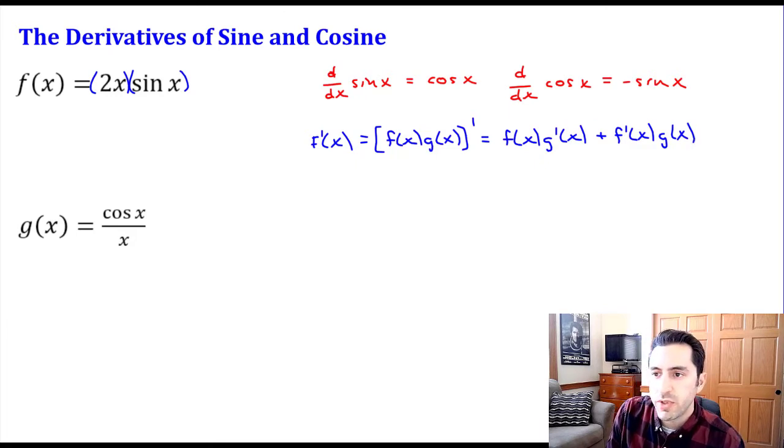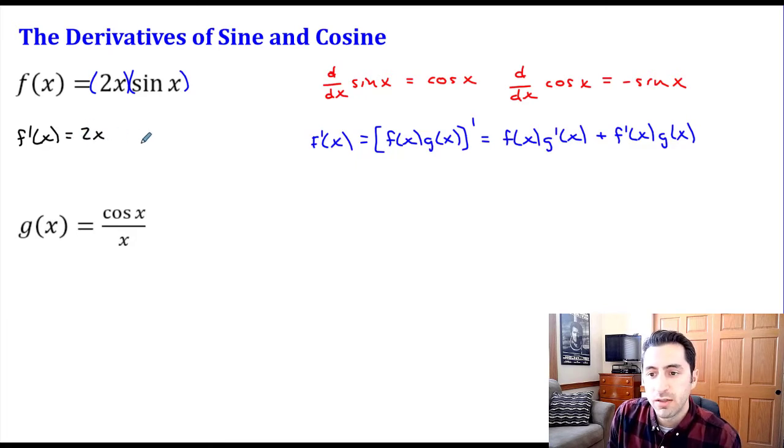So now using that, let's go back and we'll find f prime of x. So following the product rule, our first piece is 2x, so that one will stay the same. And then we're going to multiply by the derivative of the second piece. So using our theorem, the derivative of the sine of x is equal to cosine of x.